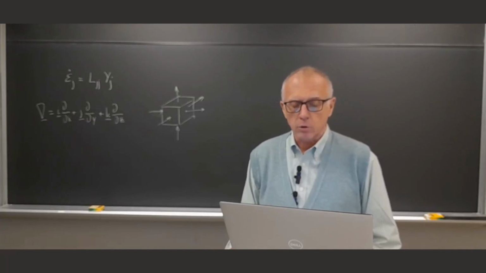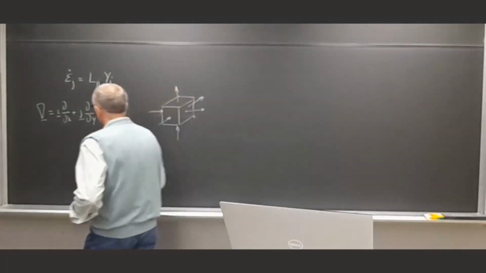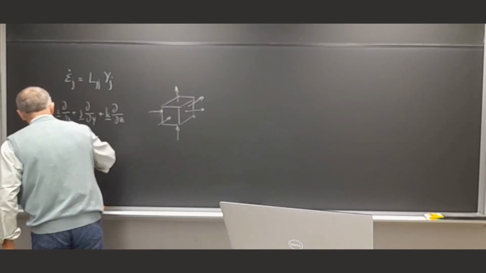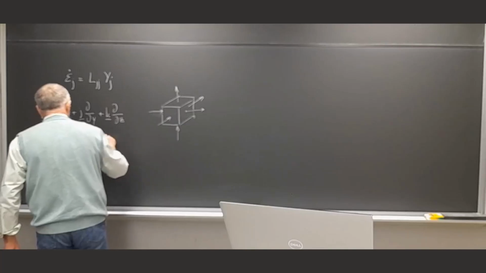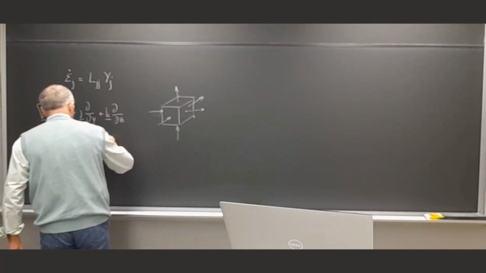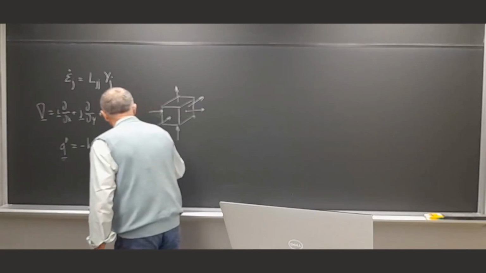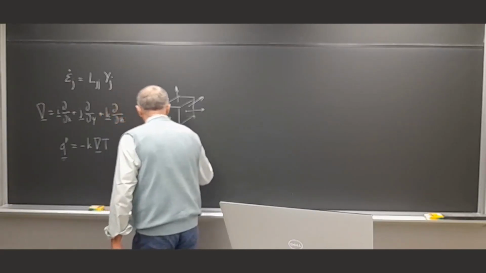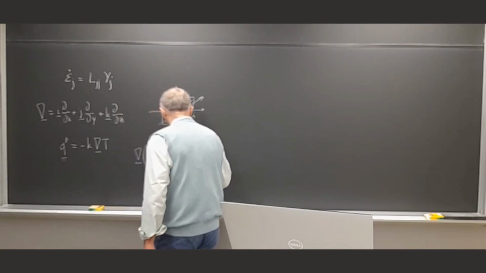So for an isotropic material, you can write that Q double prime is equal to minus K gradient of T. That's because, of course, the gradient of 1 over T is equal to minus 1 over T squared times the gradient of T.